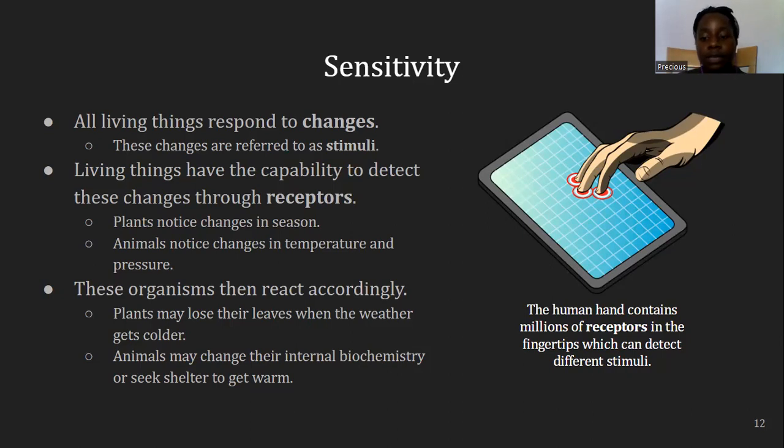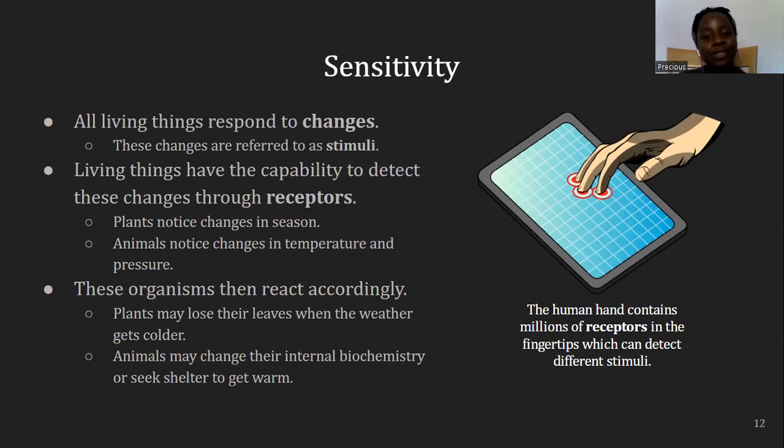So living things are able to detect things that happen in their environment, or stimuli. They do this with the help of special cells called receptors. And so there are all kinds of receptors in your body, right, as a living thing, and in every other living thing. There are receptors that can respond to pressure. So if you're minding your business and doing your thing and somebody just pinches you, you're going to jump, I imagine, right?